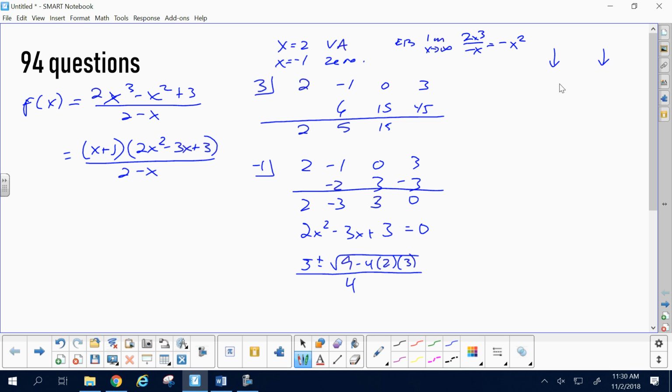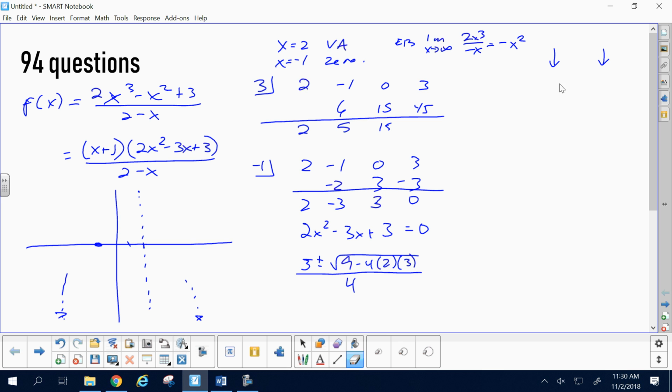And then we sketch. So 2 is a vertical asymptote, and negative 1 is a 0. If I really wanted to do a super duper job, which I don't, I could divide, get the parabolic asymptote, put it in standard form to see where the vertex is and locate it perfectly.